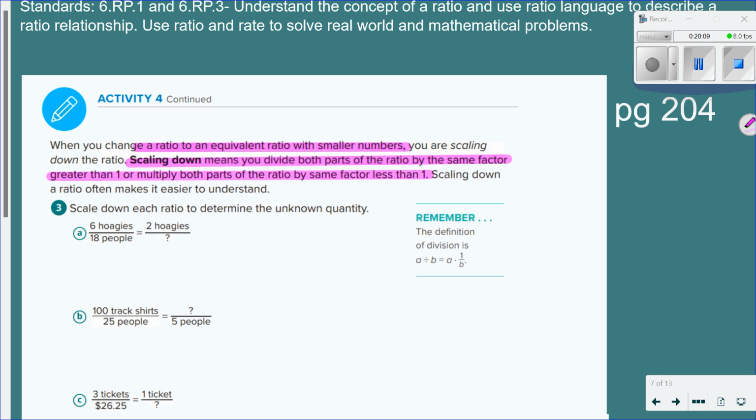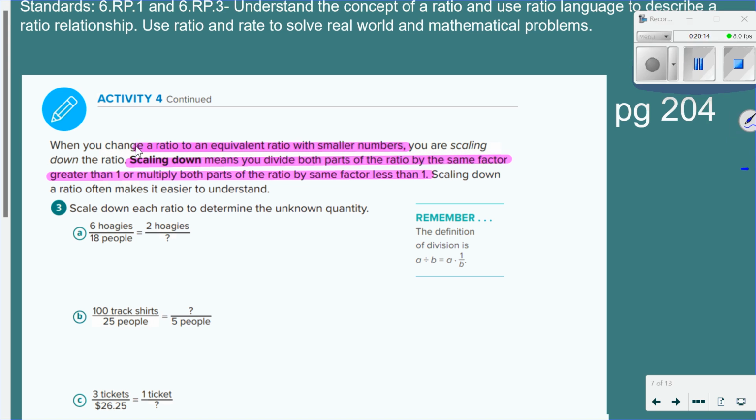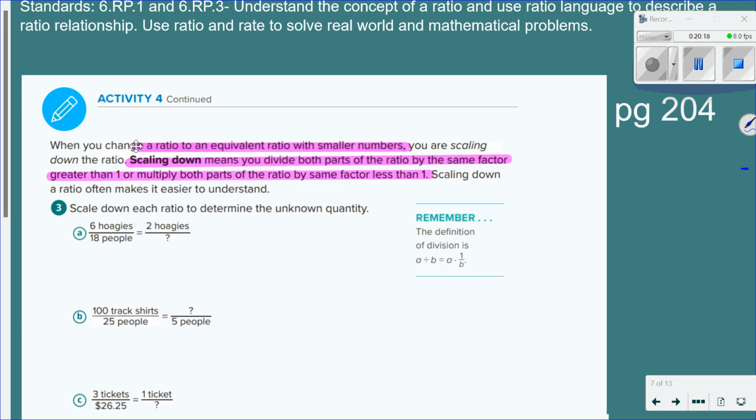So let's look at number 1A. It says 6 hoagies for 18 people. And then they say we want to do 2 hoagies instead of 6. So what am I going to do? I'm going to divide by 3.